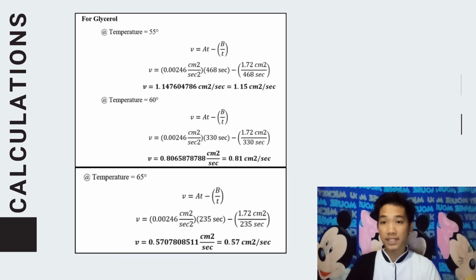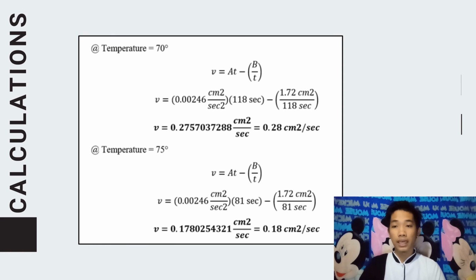At a temperature of 65 degrees Celsius, having a time of 235 seconds, the kinematic viscosity calculated is equal to 0.5707808511 square centimeter over second, or equivalent to 0.57 square centimeter over second.